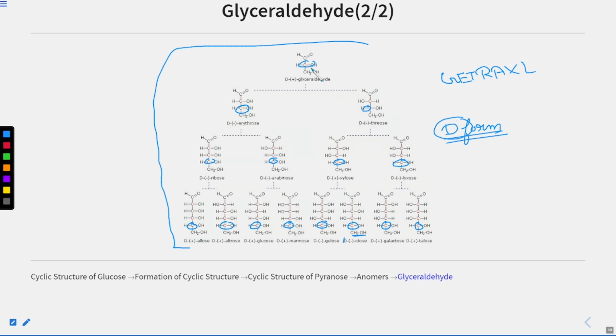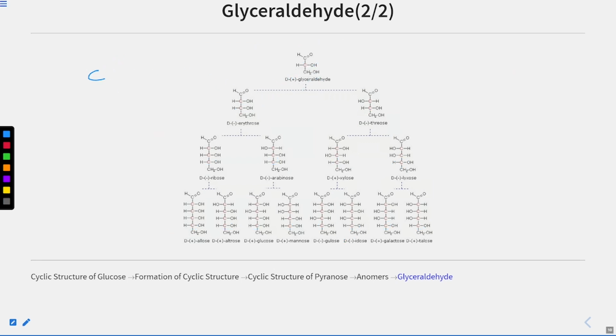And if it is present on the left side, so if I draw a similar one, O, H, C, OH, I am putting this OH on the left side, and CH2OH. So in that case, we will call it L-glyceraldehyde.